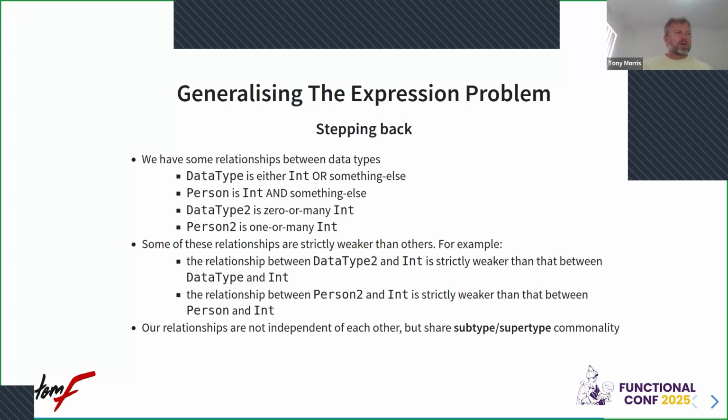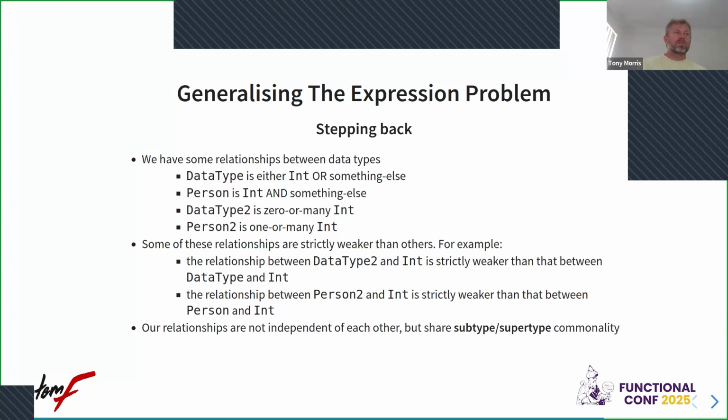There is a relationship between these relationships. So, for example, given a data type is either an int or it's something else, a data type 2 is weaker than the relationship between data type. Yes, because actually I don't think that's correct. That's a mistake, sorry.